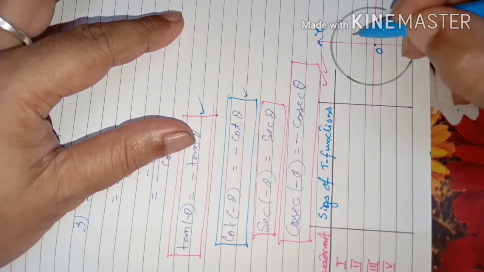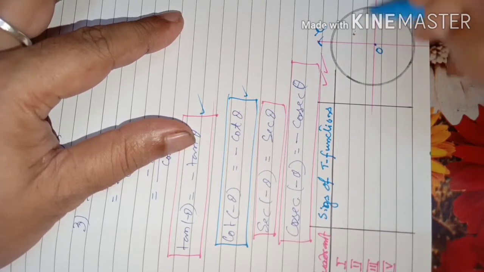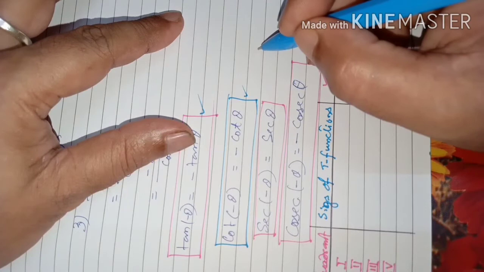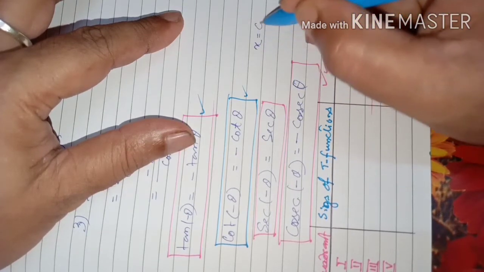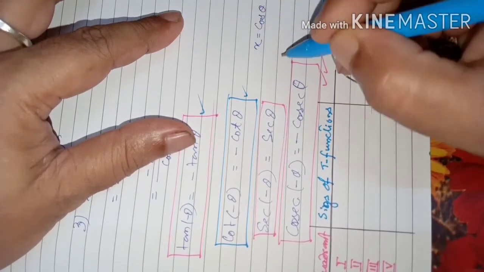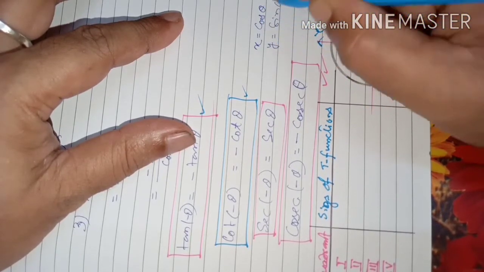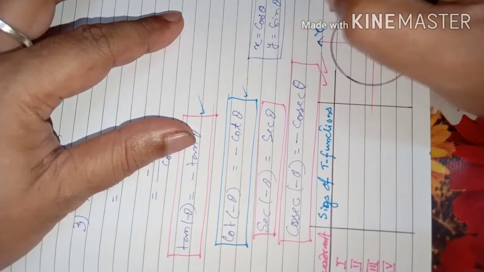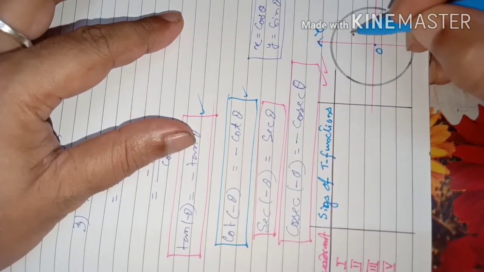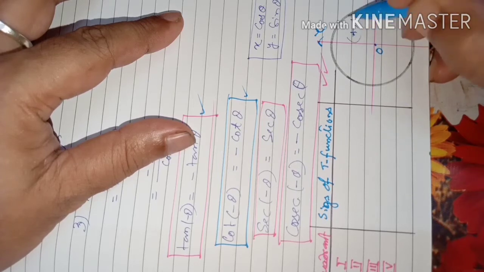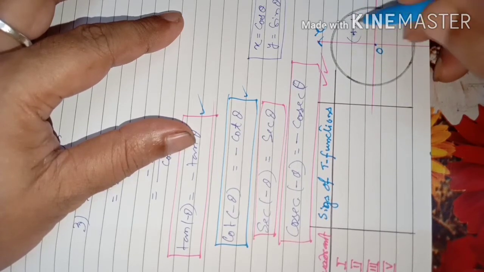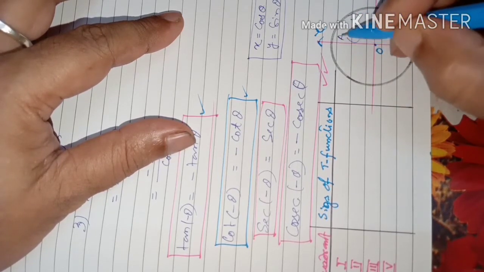Abscissa means cos and ordinate means sine, because we have learned that abscissa x is denoted by cos of the angle theta and ordinate y is denoted by sine of the angle theta. Got the idea? So cos and sine both will be positive, because only positive numbers are here. So all positive here.